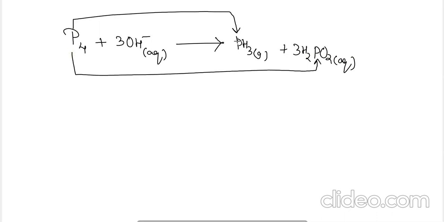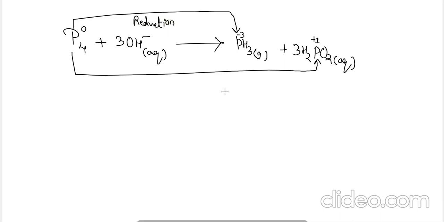In the case of phosphine, phosphorus has a -3 oxidation state, while in the case of phosphorus acid, the phosphorus has an oxidation state of +1. From 0, its oxidation state has decreased, so reduction has occurred in the case of phosphine.